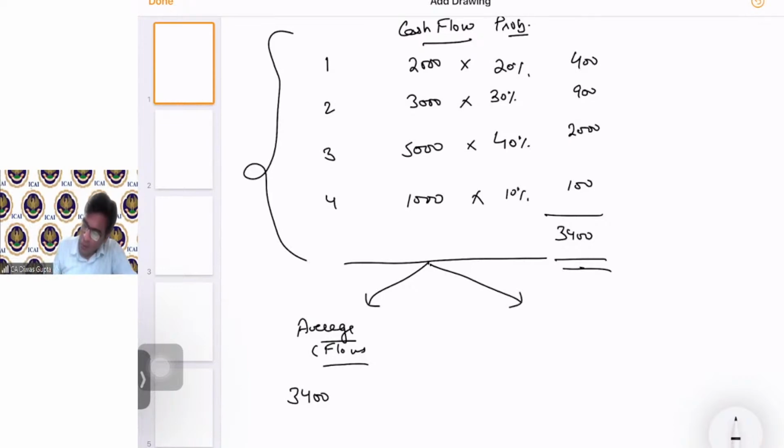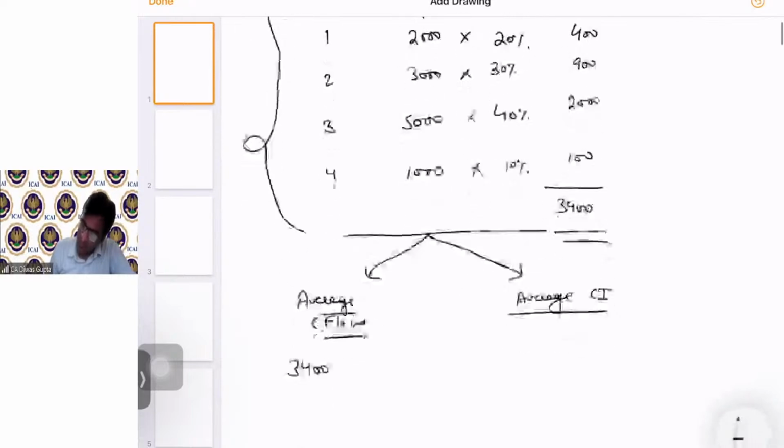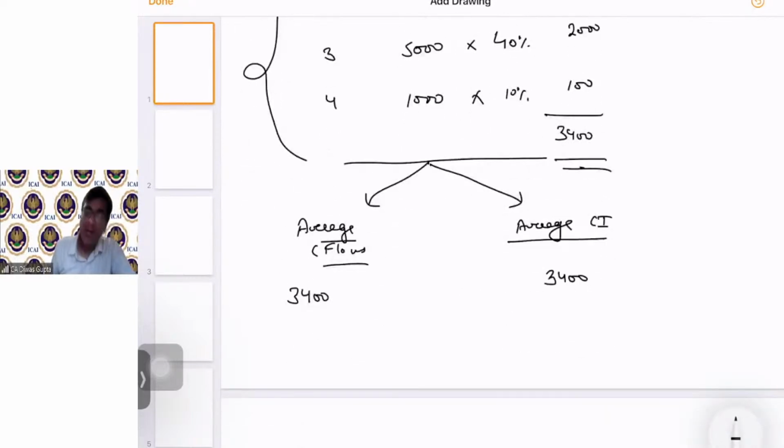Now, along with this average cash flow, if I give you a range, the best possible outcome is this average cash flow of 3400. But since there is a risk element, there are chances that it might actually be higher or lower. That higher or lower is the risk of cash flows.